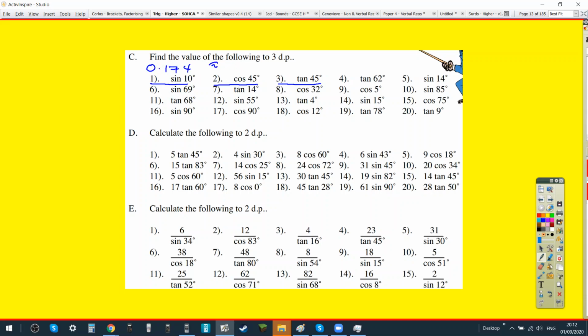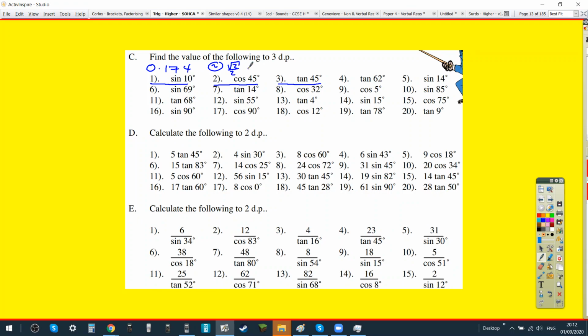Okay, question 2. Cosine 45. I got the square root of 2/2. Nothing wrong with that.